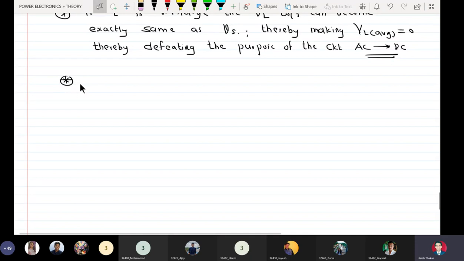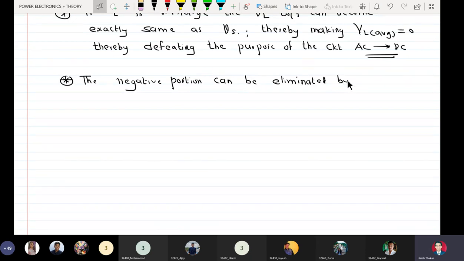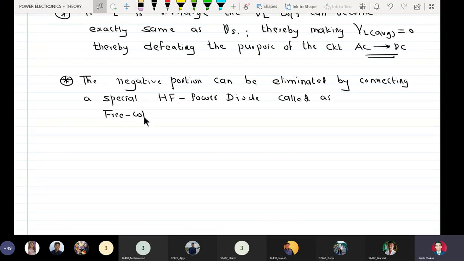So what we do is, the negative portion can be eliminated by connecting a special high frequency power diode called as free wheeling diode, FWD.